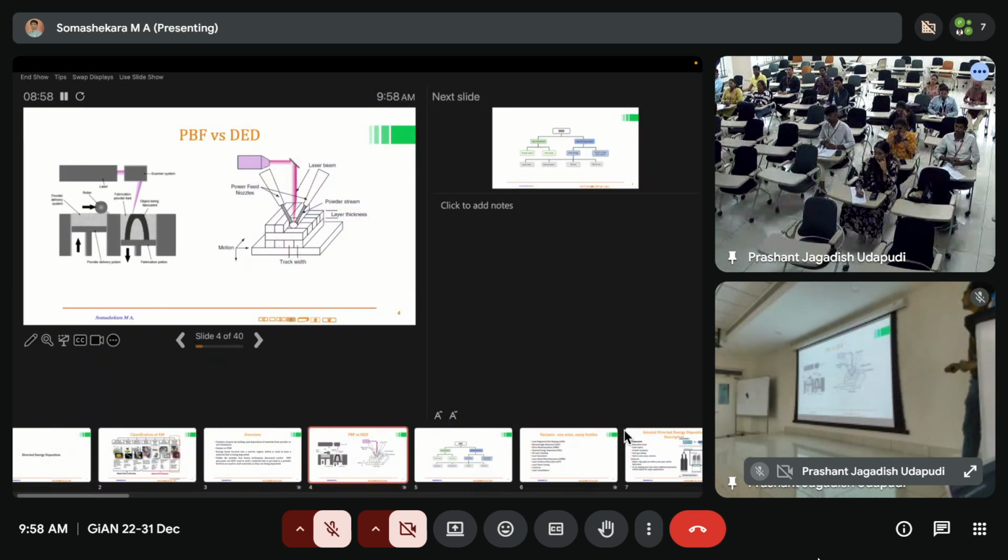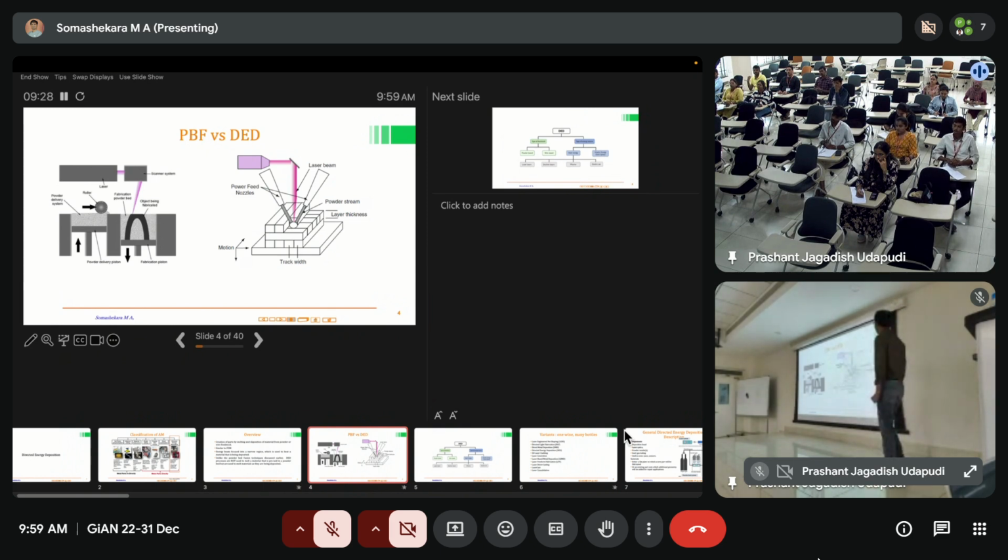If you look at the technologies from the principle point of view, here we talked about initially spreading the powder and then selectively melting only some region, which means this entire portion is not melted at all. Maybe there is a partially melted region a little closer to the already deposited part.